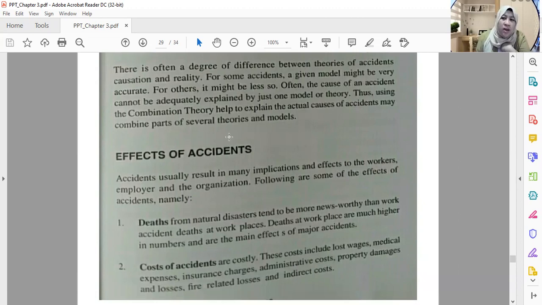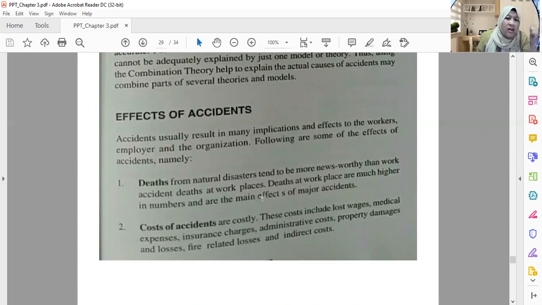If you realize in here, what this model is trying to say is that whatever causes an accident can be triggered by multiple theories. So this is the combination of the theories and the effects of the accident. Deaths from natural disasters tend to be more newsworthy than work accident deaths at the workplace.